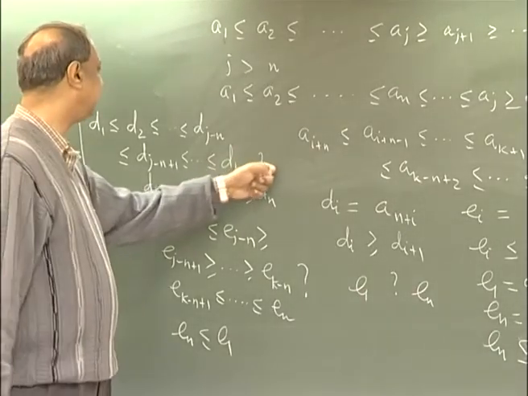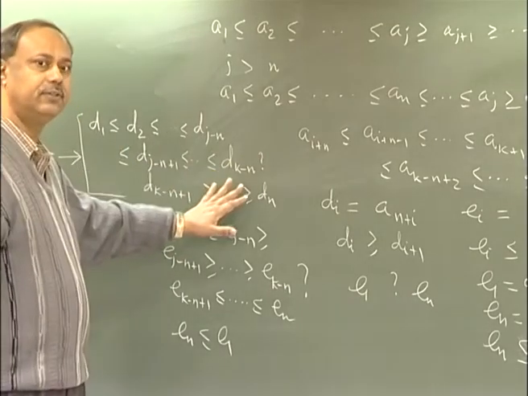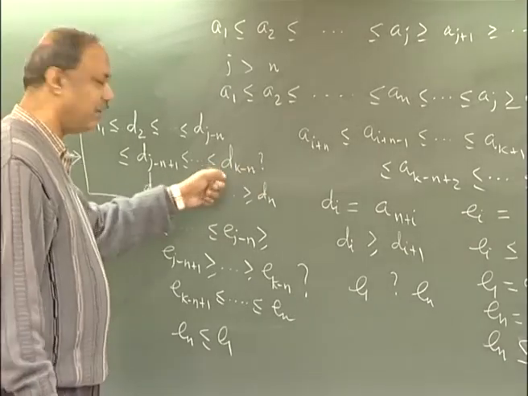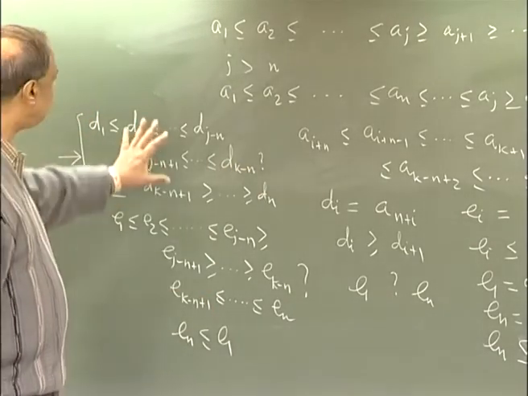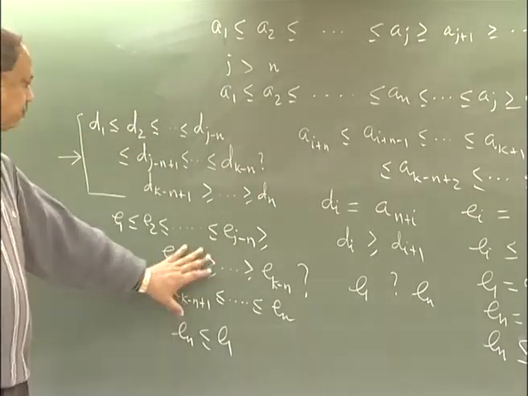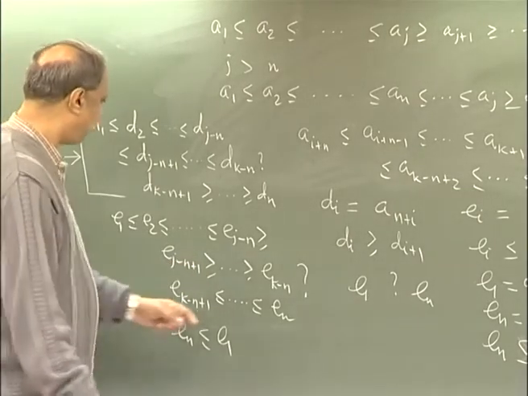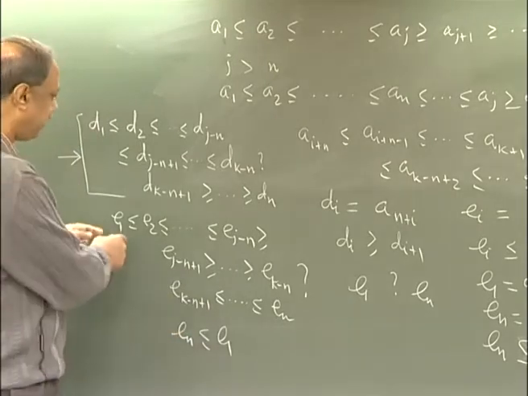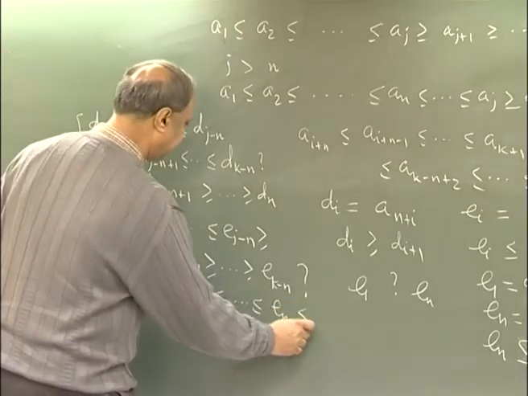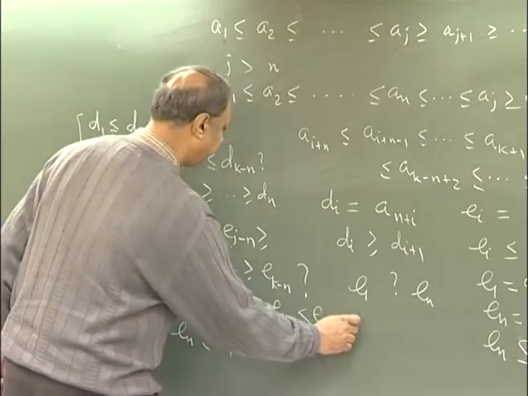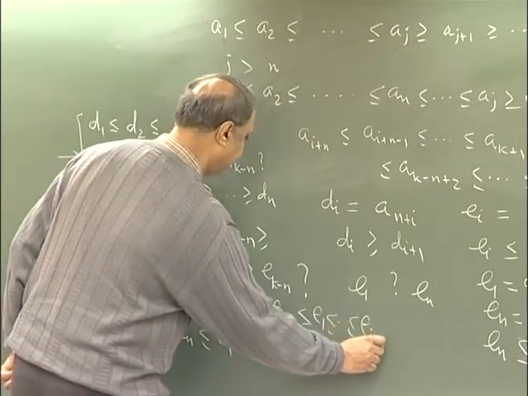Suppose it is less than or equal to, then it is your bitonic sequence. If it is greater than or equal to, then also it is a bitonic sequence. So this is a bitonic sequence. What about this one? This is also a bitonic sequence because by cyclic shift I can find out this is less than or equal to E1, up to less than or equal to Ej minus n.